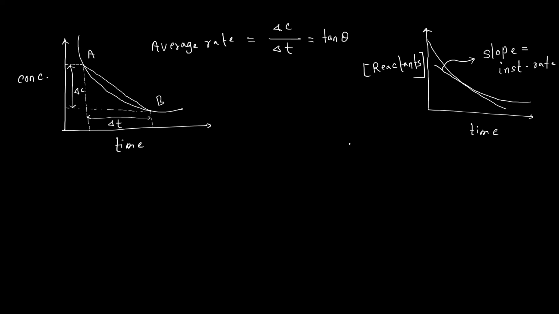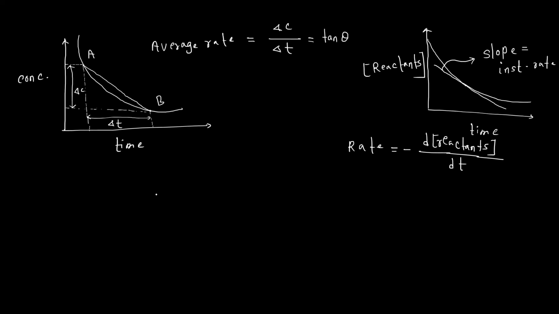So we can write rate is equal to negative sign change in concentration of reactants divided by change in time.